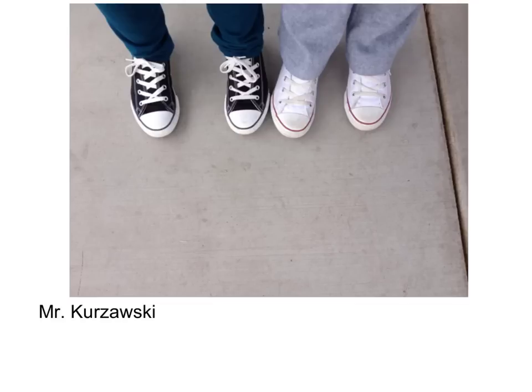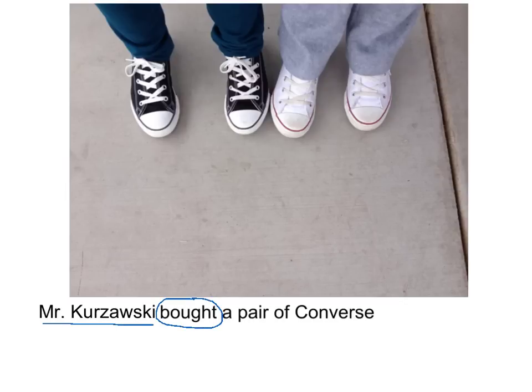I think he is going to buy something. So here's my predicate, bought a pair of Converse. So Mr. Krasowski is our simple subject. Bought is our simple predicate, and the rest of the words give us information about what was bought.